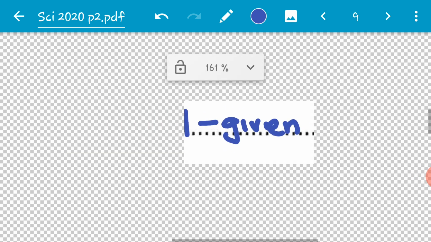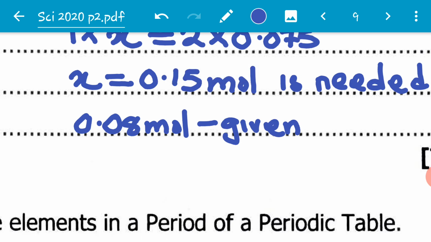So what is needed is more than what we are given.